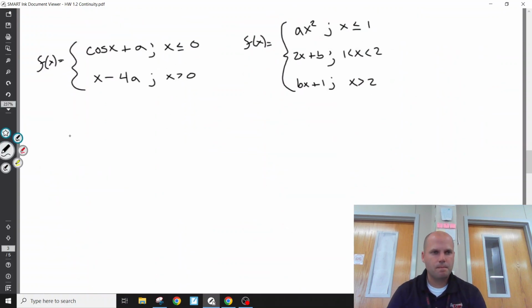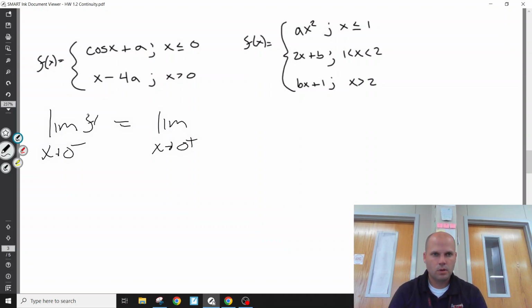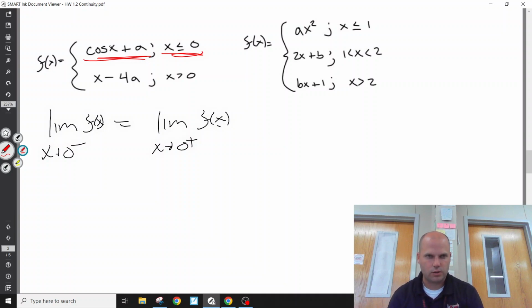Okay, more of the same. Here, to the left of 0, we need to make sure that equals to the right of 0 so we don't jump. We did this last class often, so it shouldn't be crazy. To the left of 0, I'm plugging in something close to 0 here. It's just like plugging in 0 what I'd get close to.